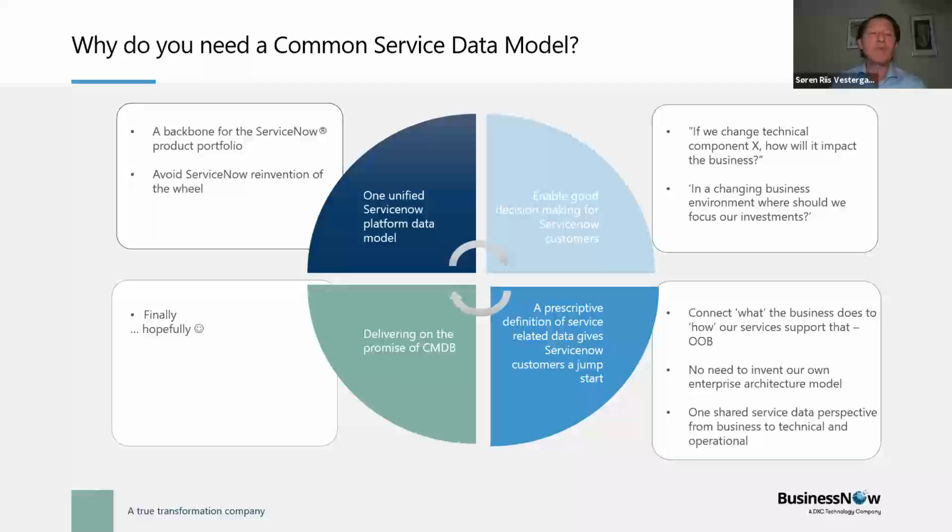So it's a backbone for the ServiceNow product portfolio, and ServiceNow have been very open, saying, we started reinventing the wheel in different applications, and we need to have, for our own sake, a shared data model behind the platform, or as a foundation for the platform.